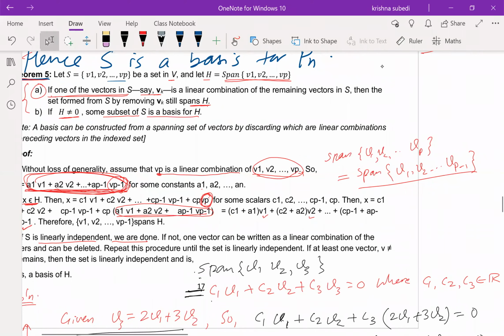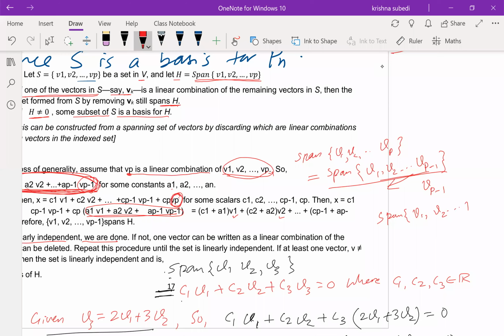Suppose among these vectors, V sub P minus 1 is a linear combination of the previous ones, we can repeat the same process and show that this is the span of V1, V2 up to V sub P minus 2. And if these vectors are linearly independent, we are done.